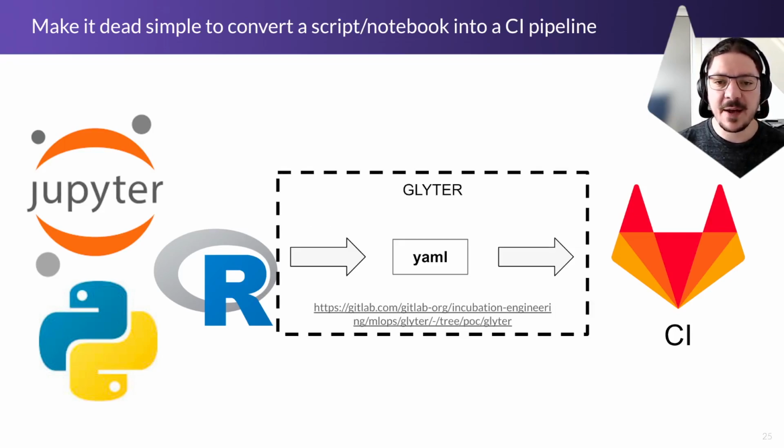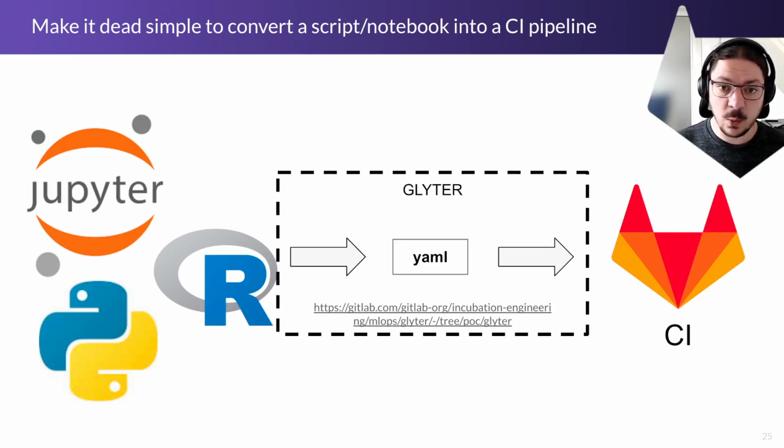Why couldn't I just have something that automatically takes the pipeline that I already have created and translates it into the YAML that GitLab is going to read and run for me? No need to transform anything, works by default, speaks the language of the user.